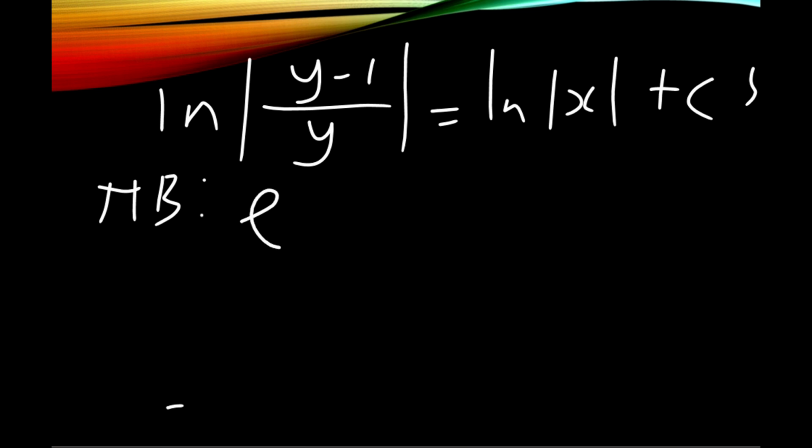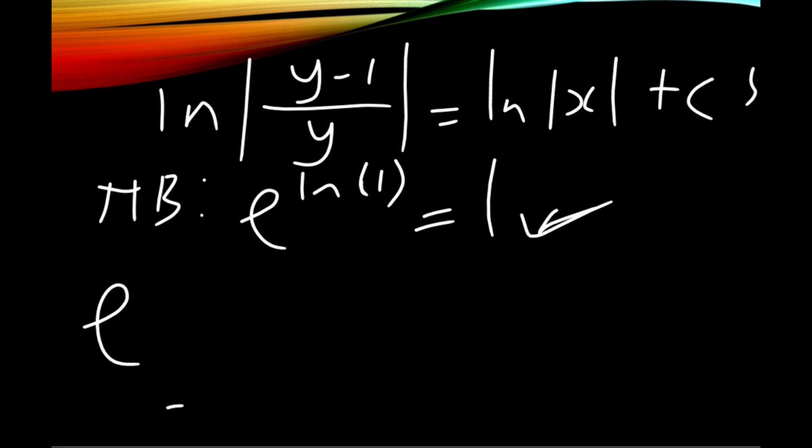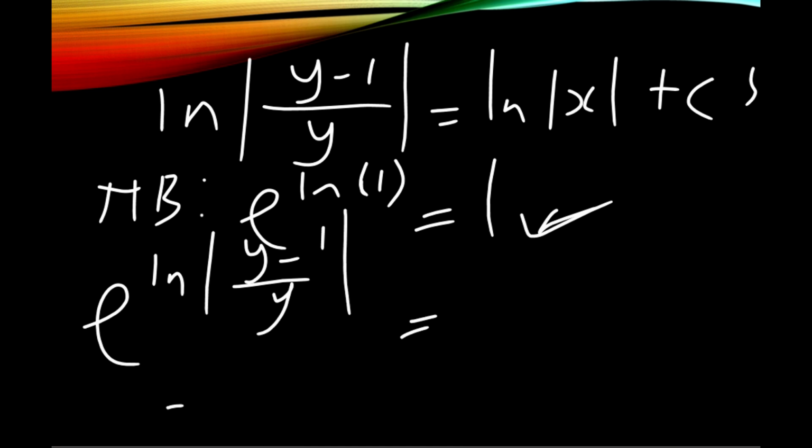I said in a previous lecture also that when you have e to the power ln of 1, that gives us 1. So with that in mind, let's apply this to the question. So we have ln of y minus 1 over y is equal to e to the power ln of x multiplied by e to the power c, which is a constant c.